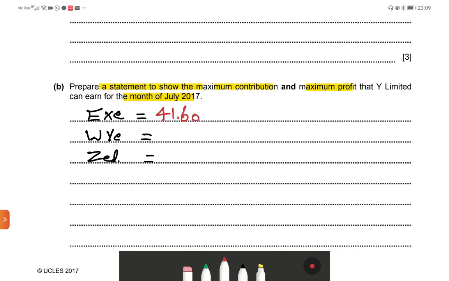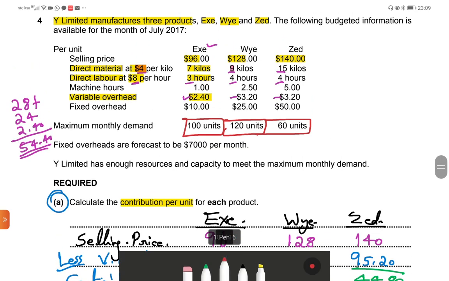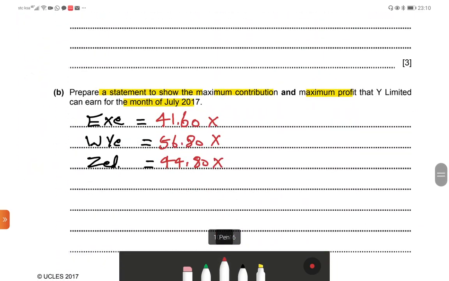So 41.60, 56.80, 44.80. Multiply the units. Units already we checked. Monthly units are 100, 120, 60.